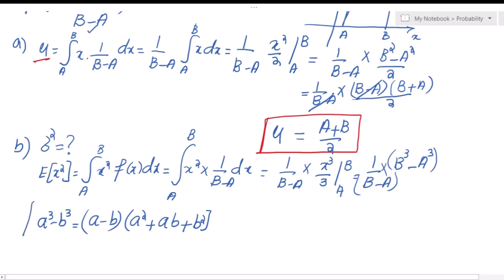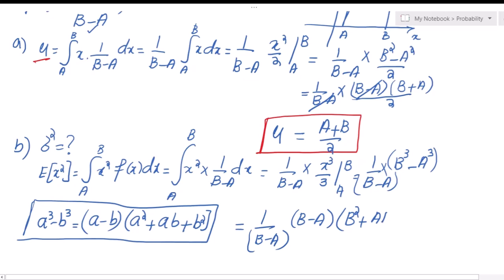This is the formula which we know from elementary mathematics. So writing it here, what would we get? It would be 1 over (b minus a), and here it would become (b minus a)(b square plus ab plus a square).